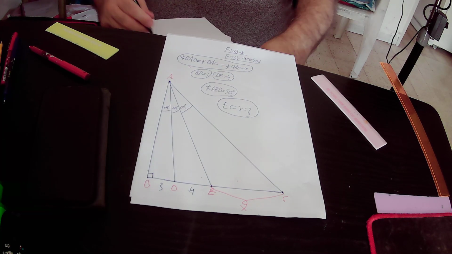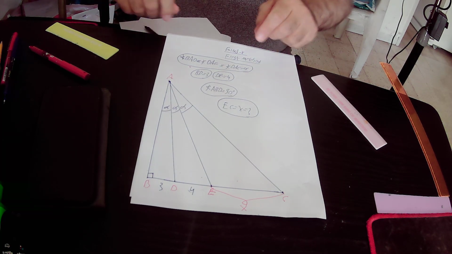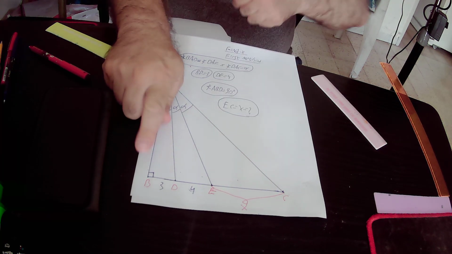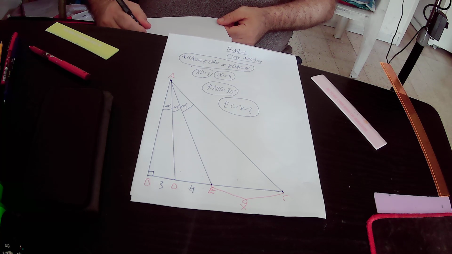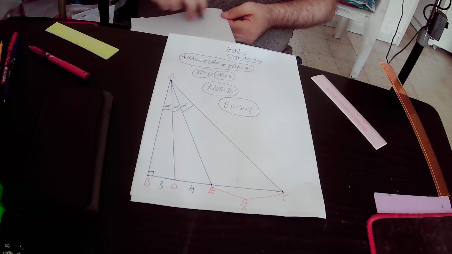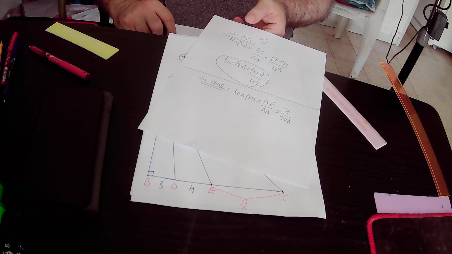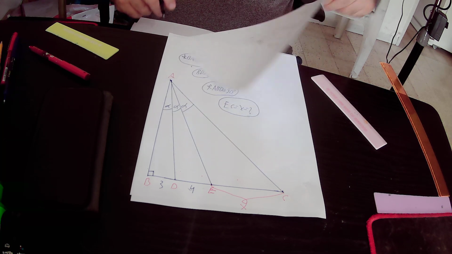What is the value of BE? BE equals 3 plus 4, that is to say 7. And we have already found out that AB equals 3 times root 7. So in total we got that the value of tangent 2 alpha equals 7 over 3 times root 7. So I'll write it down.